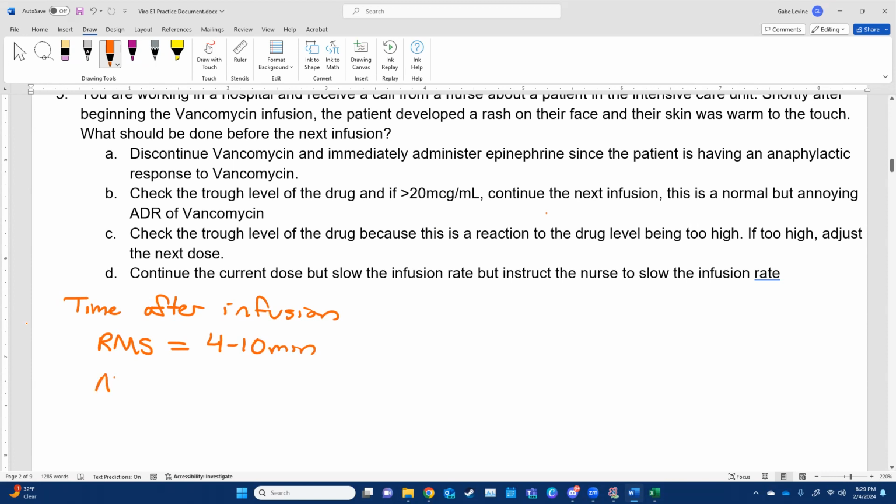Whereas usually the allergy is delayed by, you know, 30 minutes, 45 minutes, a little bit later.